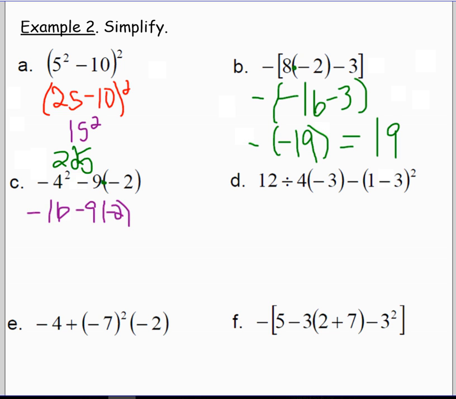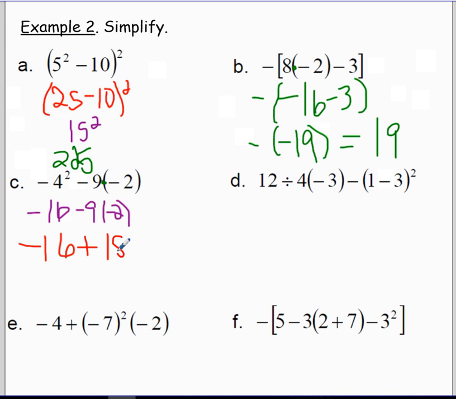We have to do the multiplication next, so we'll bring down our negative 16, and minus 9, or negative 9 times negative 2. Negative times negative is positive, and 9 times 2 is 18. Sorry about that.